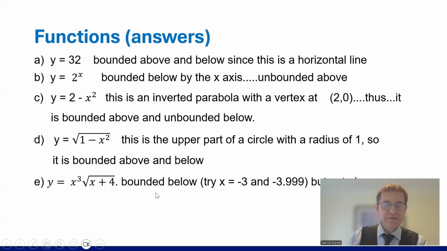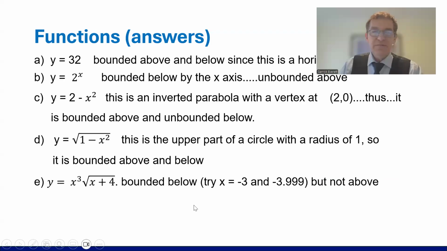And last one, a little bit more tricky. Y equals x cubed square root x plus 4. So obviously this x value cannot be anything less than minus 4. So minus 4 will give you a 0. So you want to find bounded, but you can see it's not bounded above. X cubed will just go up infinitely. My image is, I'll just move that up there for a sec. It's bounded below.